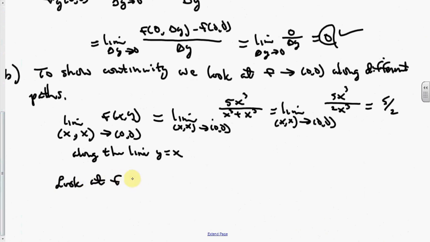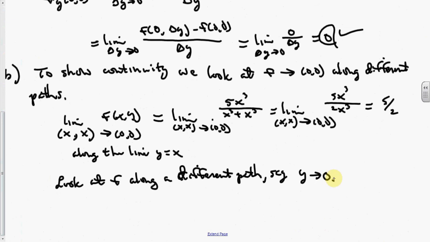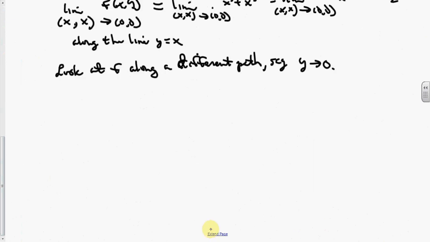Look at f along a different path. Here, let's say that y is already at 0. So the limit is x comma 0 of the function of x, y.